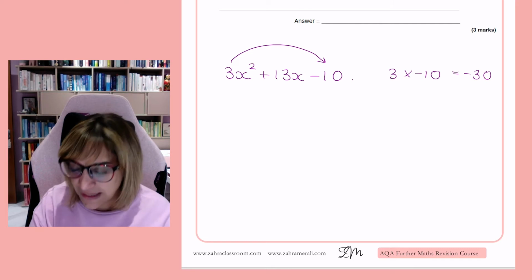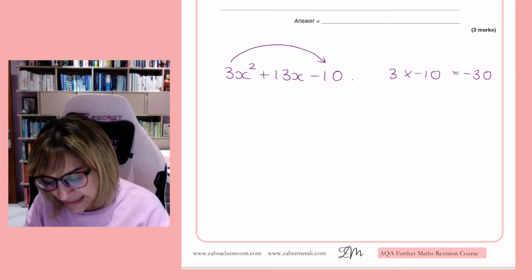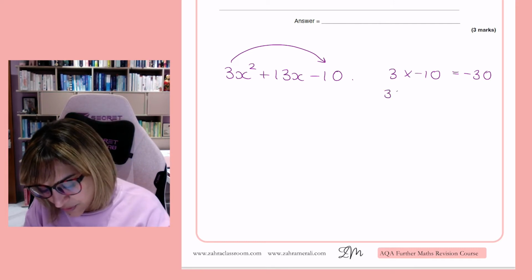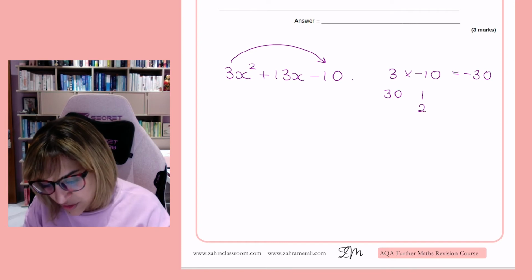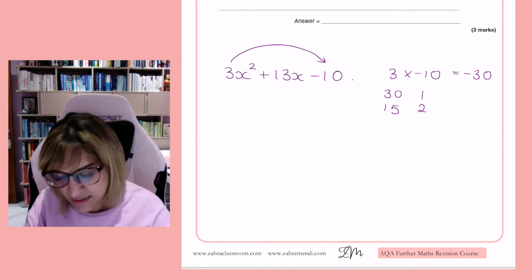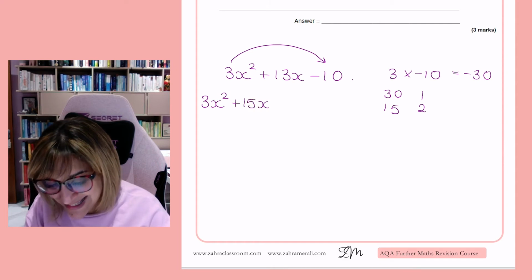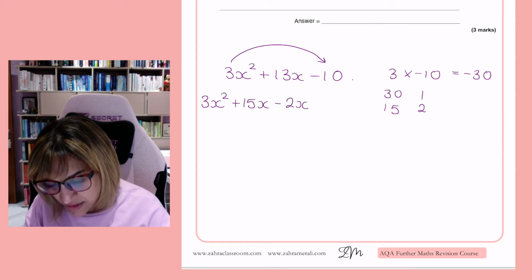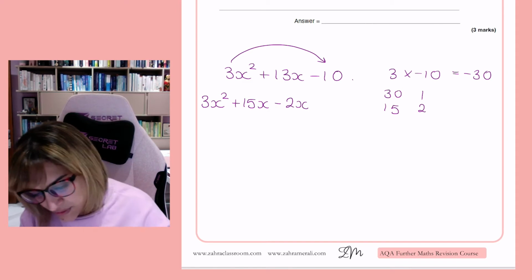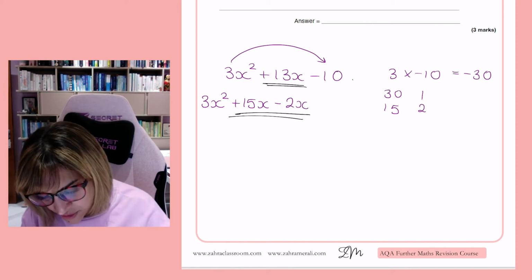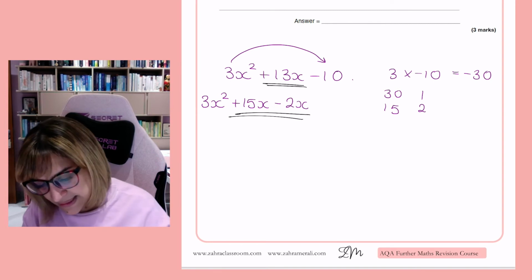And then you're looking at factors. How can I get 13 from that? So I've got 30 and 1, that doesn't work. 2 and 15, that works. So I can do 3x squared plus 15x minus 2x. So I replace; this is made up of these two, minus 10.